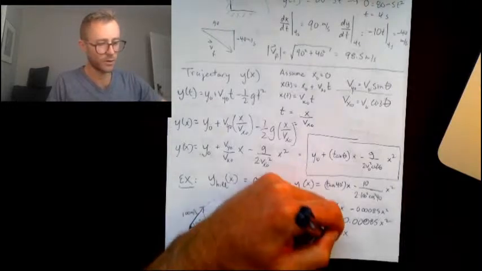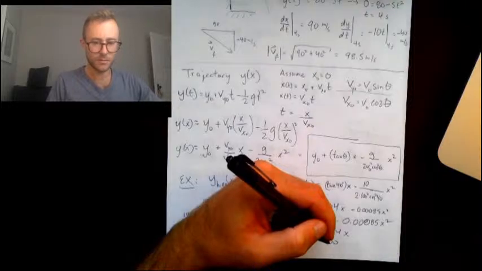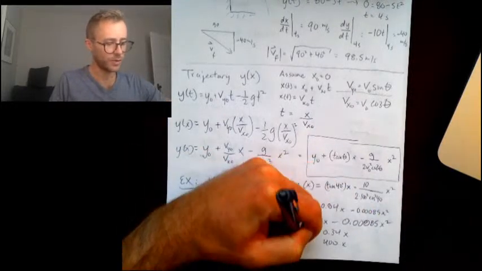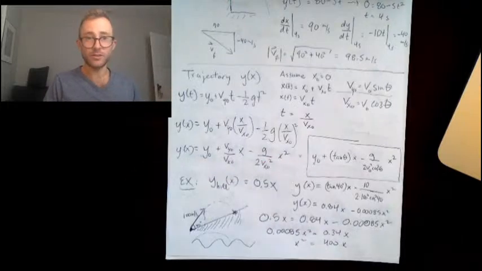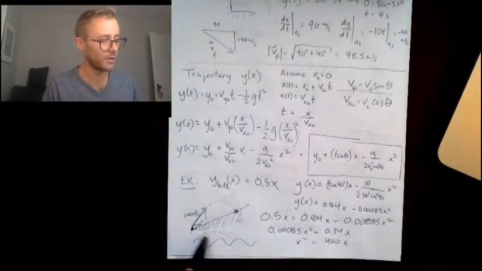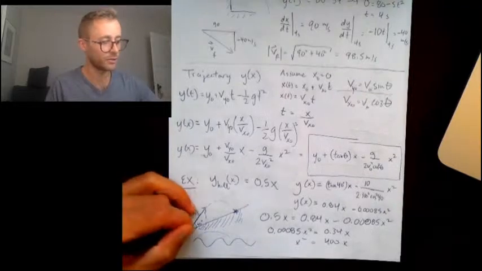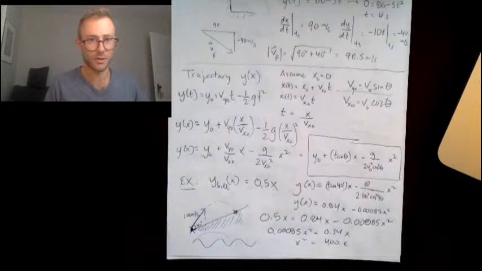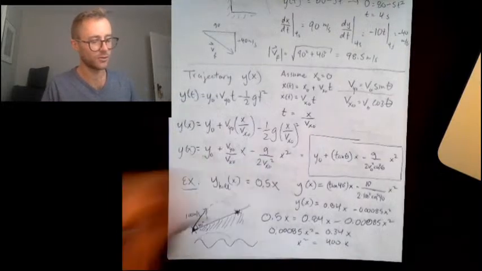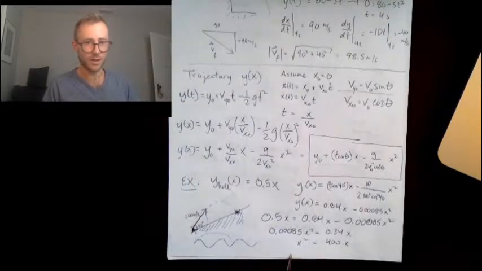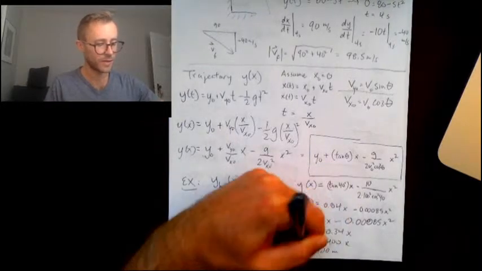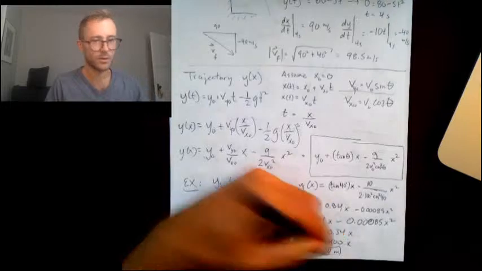And we get 400x equals x squared. So we can see there's actually 2 points of intersection between the hill and the projectile. It's launched from the hill. So x equals 0 is a solution. But then we want the solution where x is not equal to 0. So I'm going to divide both sides by x, and I get x equals 400 meters. So that is where the two would collide.